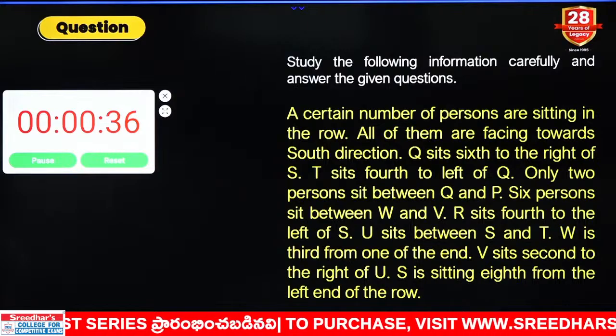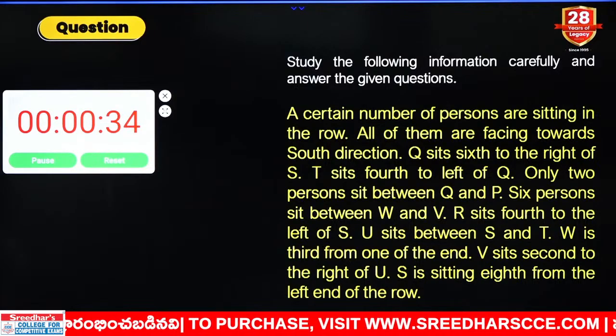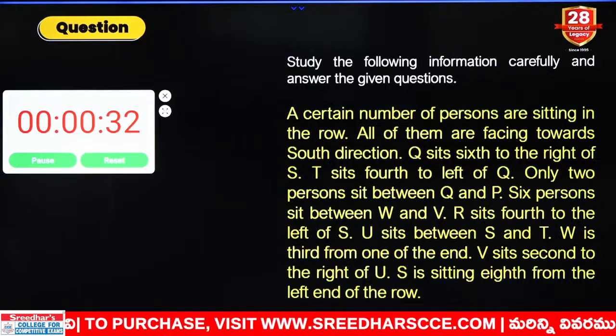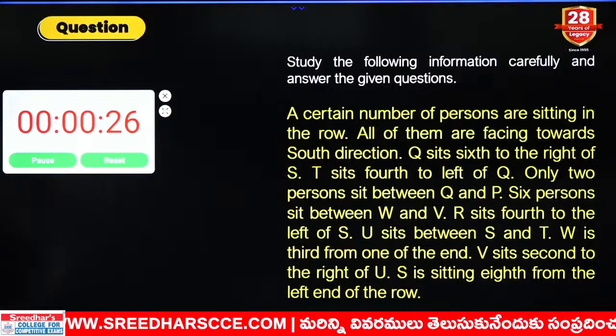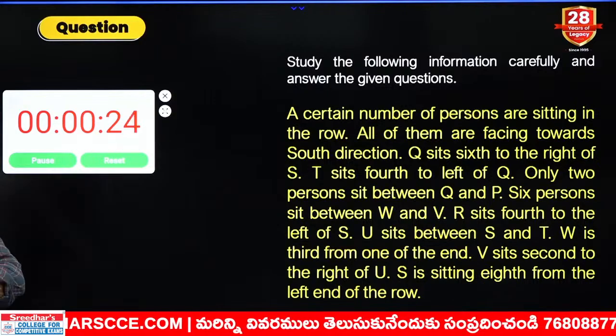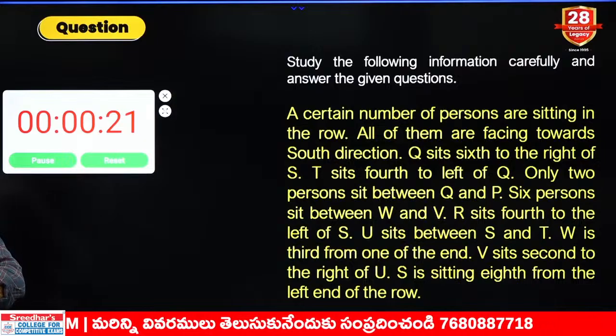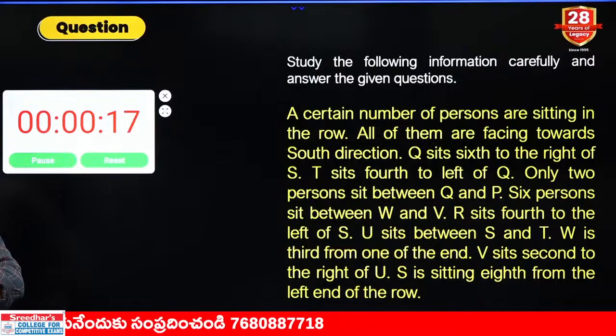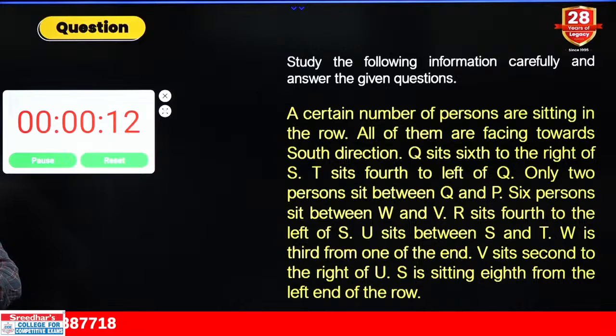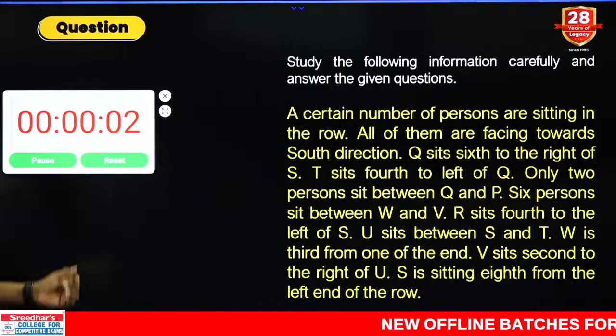Narsappa, Lakshmi, Sindhura, Anusha completed, Krishnaveni, smart, Divyavani, Gayatri. The last 25 seconds, Banu. Jhansi Lakshmi. So time is up.